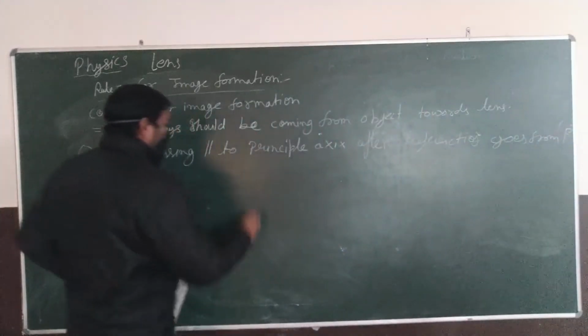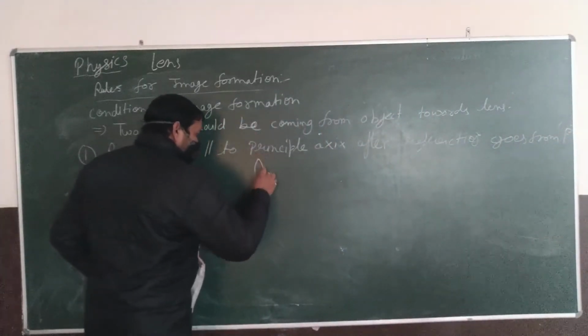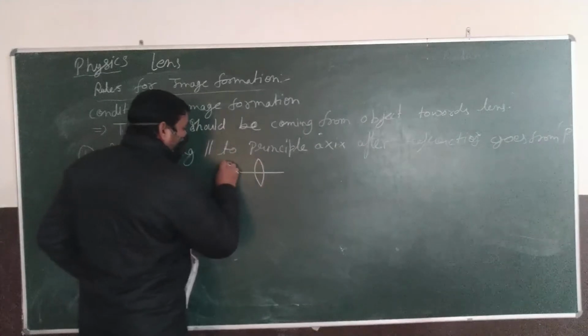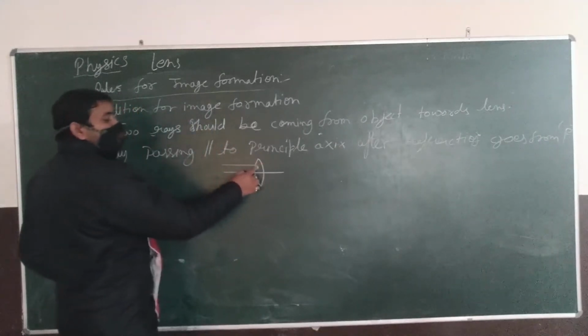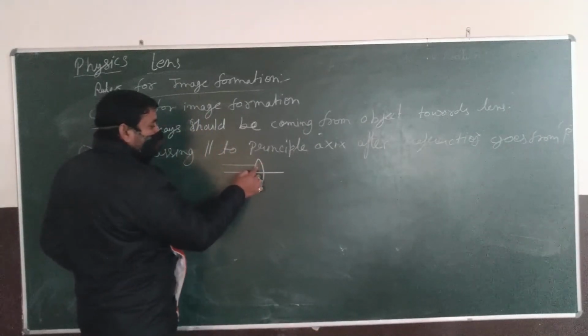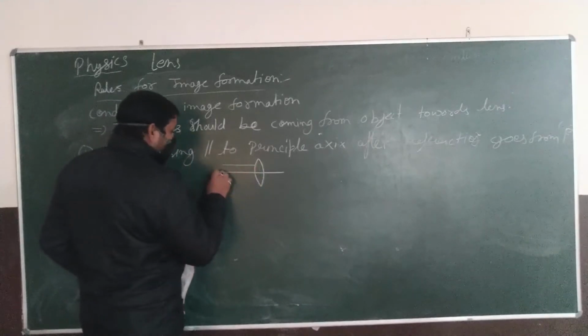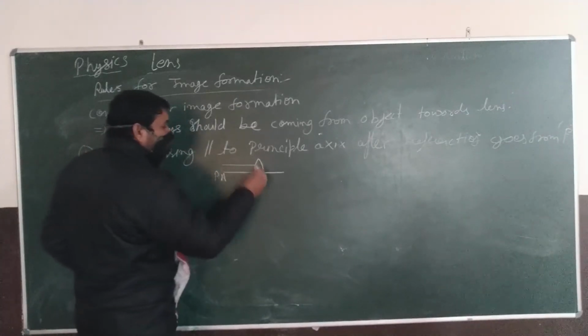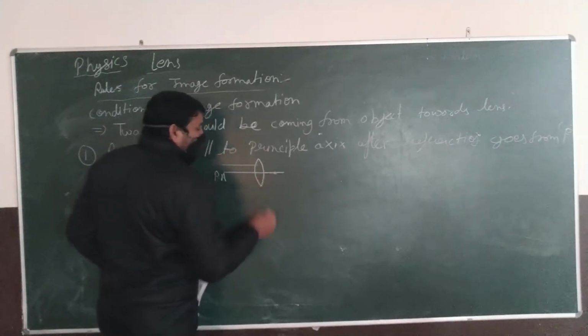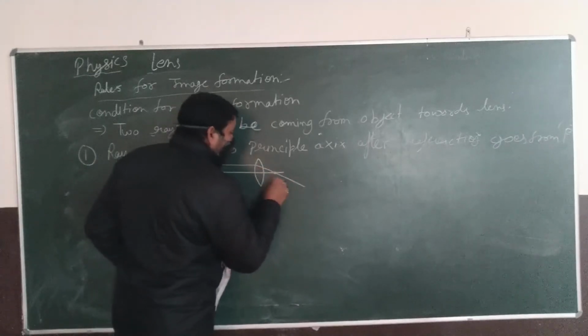That is, the ray which is moving parallel to the principal axis, this is principal axis PA. Now, if this is the focus point, then the ray is passing through the focus.